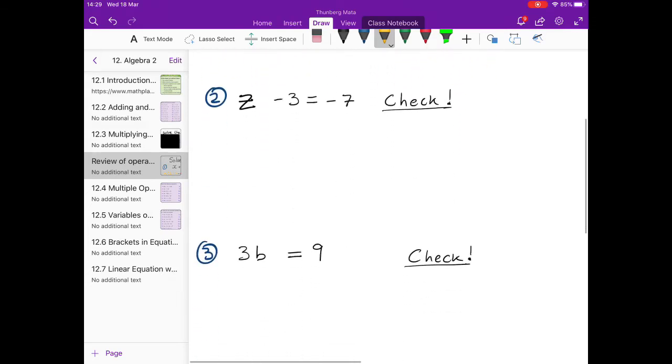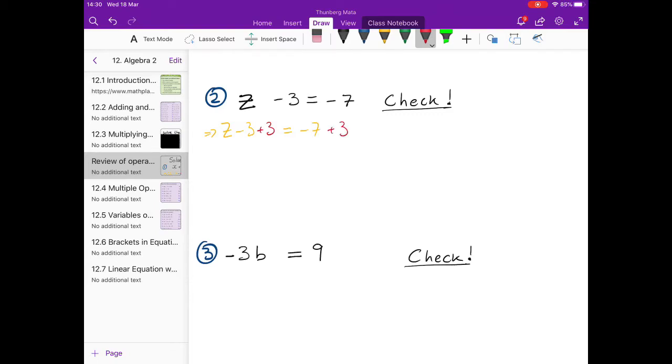Then we can look at our next question, which has z minus 3 is equal to minus 7. What we can do here is much the same as before. I have minus 3 being taken away on this left-hand side. So if I add a 3 to the left-hand side, I'll have to add 3 to the right-hand side as well.